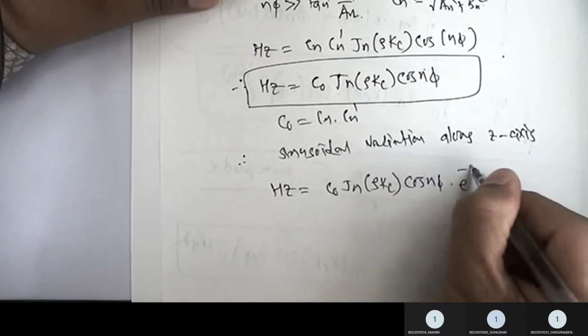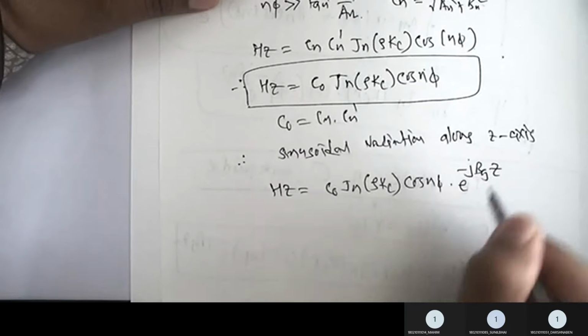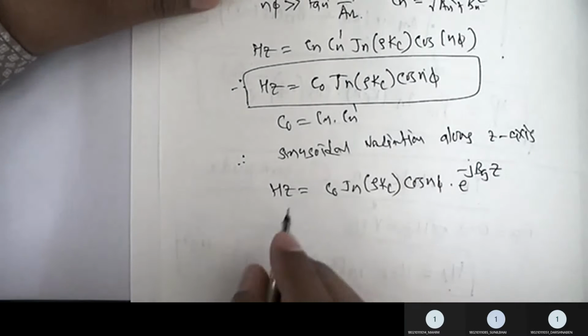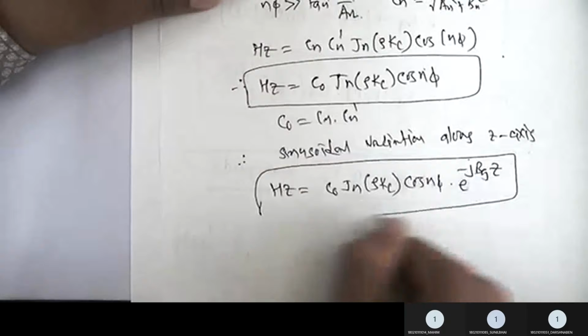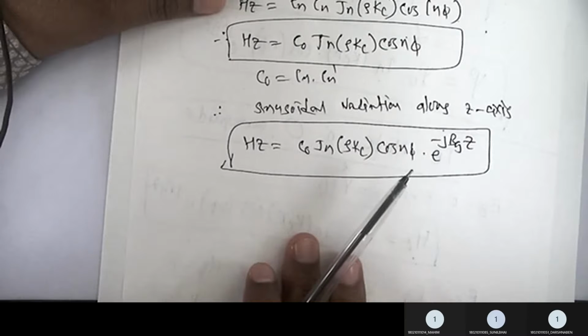You have to multiply with e raised to minus j β_g z, for example, or e raised to minus γz. So this is your ultimate sinusoidal variation expression of the H of z in a TE wave in a circular waveguide.